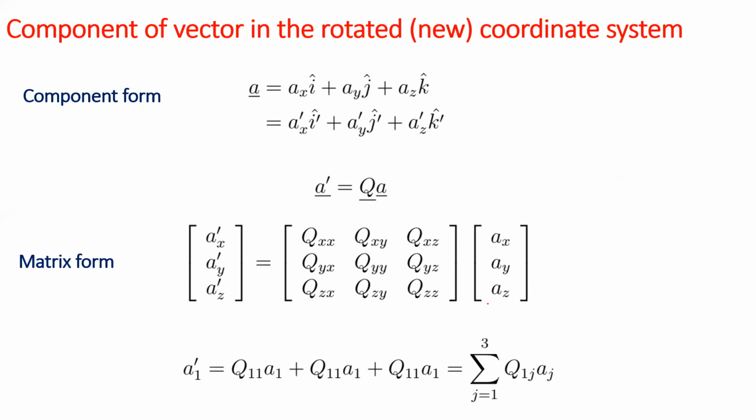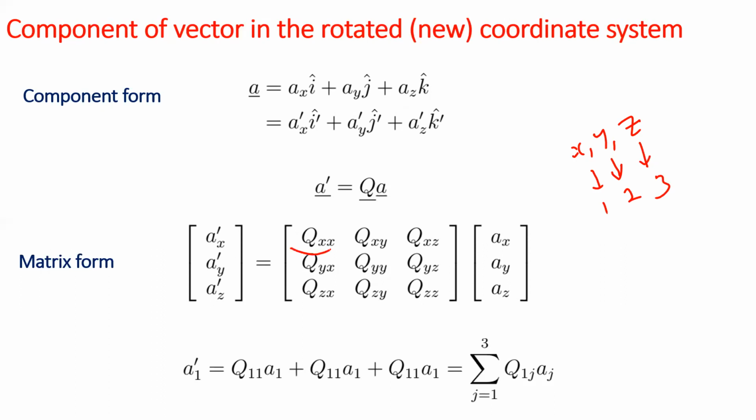I've just tried to do what we started this lecture with, trying to write it in indicial notation. So A prime, you can write it this way. There's a slight skip that has been made here. Often when you're using indicial notations, instead of operating with X, Y, and Z, X is represented with 1, Y is represented with 2, and Z is represented with 3.